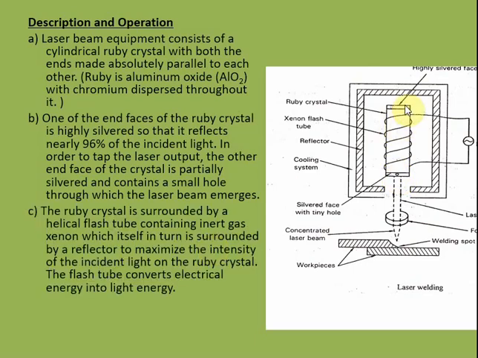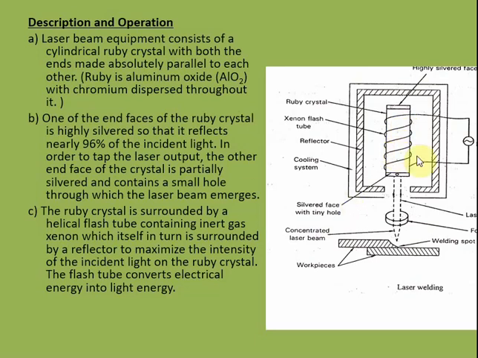Over this ruby crystal, a helical flash tube is wound. Inside this helical flash tube, inert gas like xenon is filled, and the tube is connected to an electric supply, so that when the electric supply is on, the tube will emit visible light of high intensity.